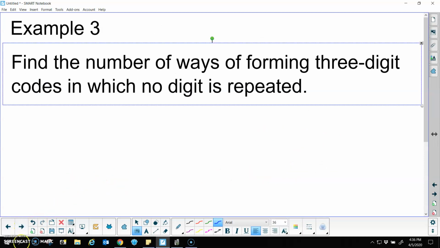So let's look at another example. Let's find the number of ways of forming a 3-digit code in which no digit is repeated. So once you use a 2, you can't use a 2. We want 3 numbers, and how many single numbers do we have?